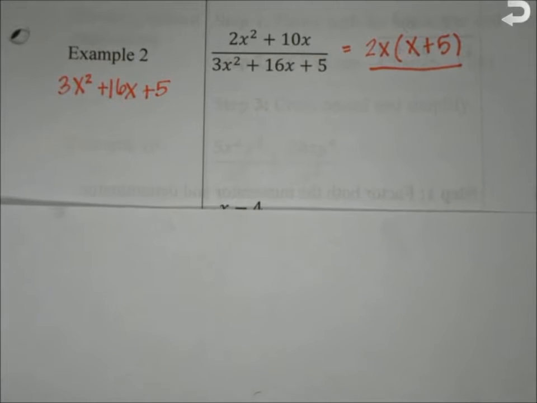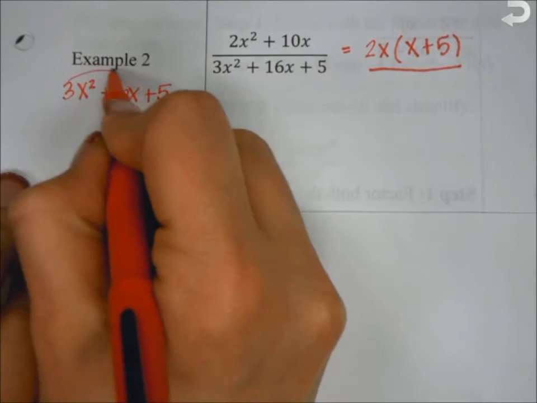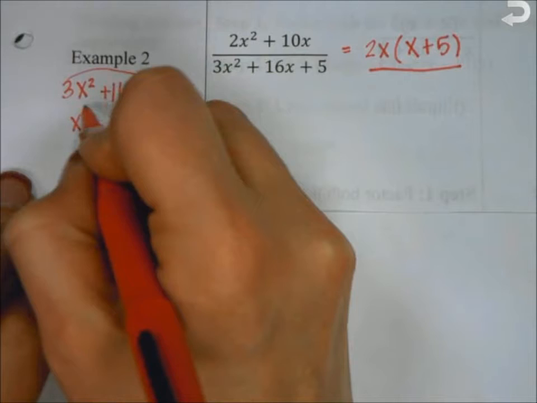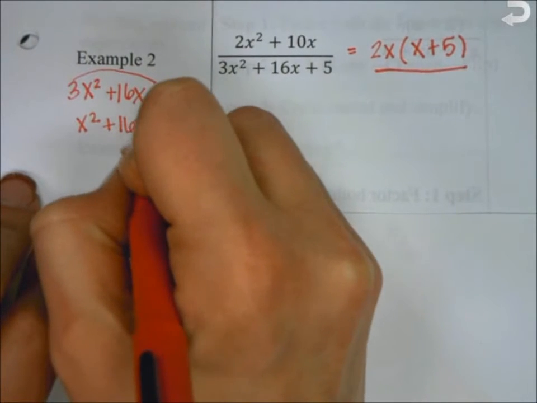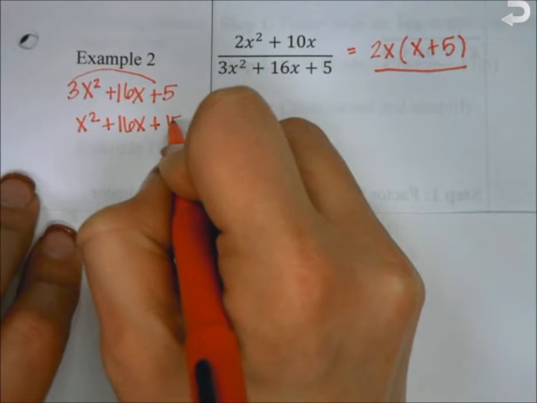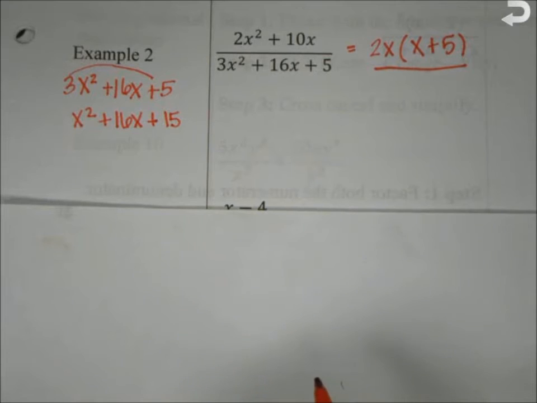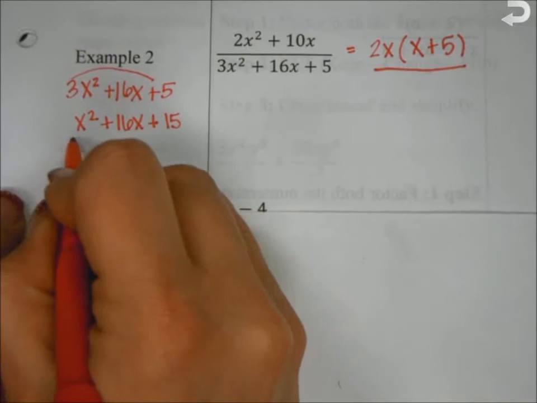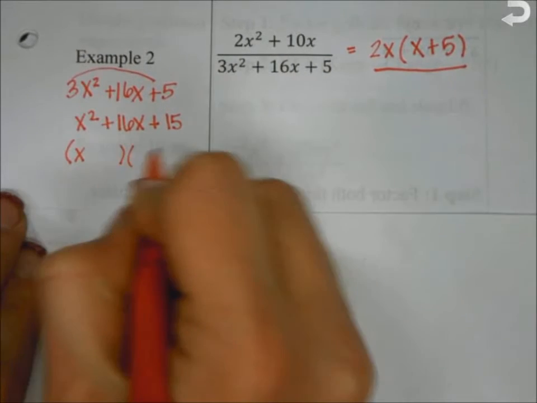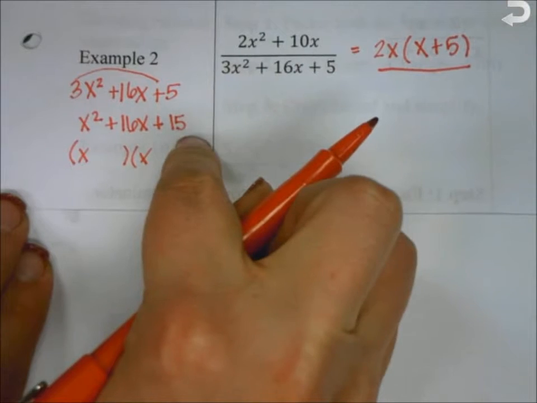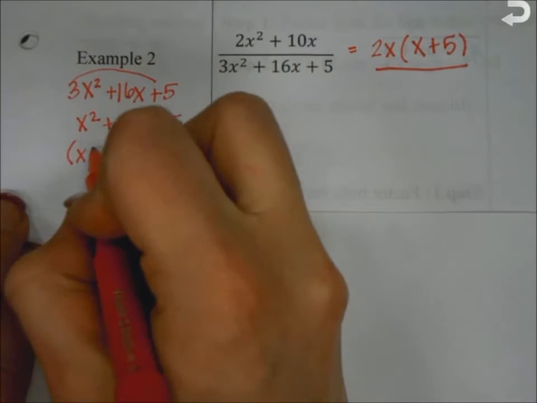Multiply 3 times 5. So I get x squared plus 16x plus 15. And then what? Then I can use diamond. So what two things multiply to 15 and add up to 16? 1 and 15. Or we'll do 15 and 1.